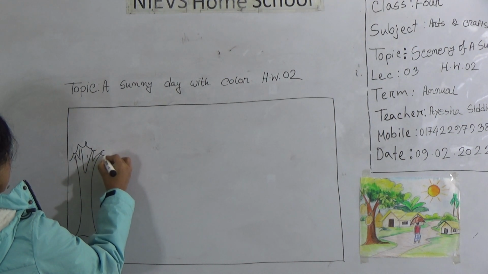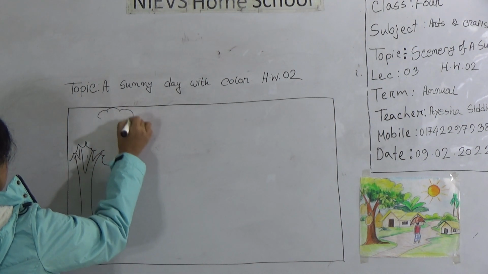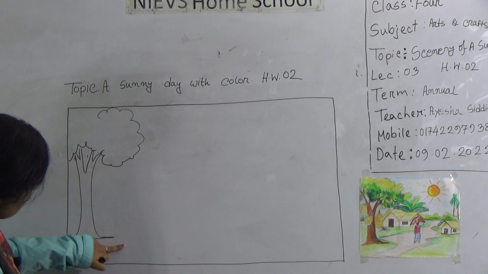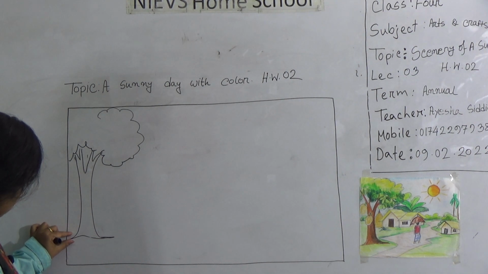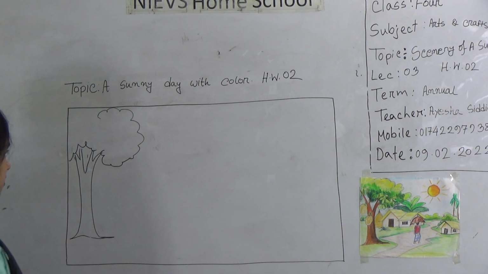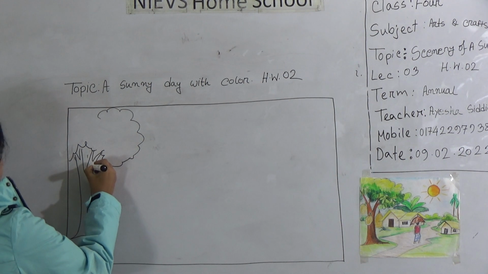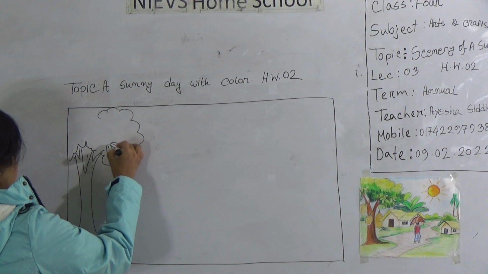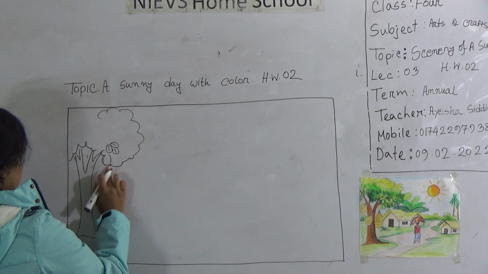Look, I have drawn the tree first, and this one is the place from down to just a little bit up. This one is the jackfruit tree.